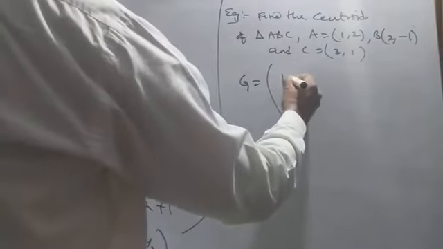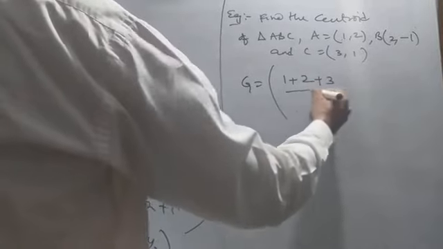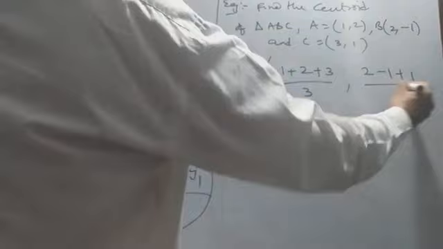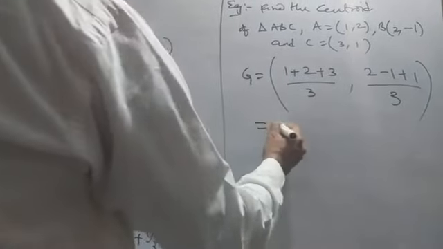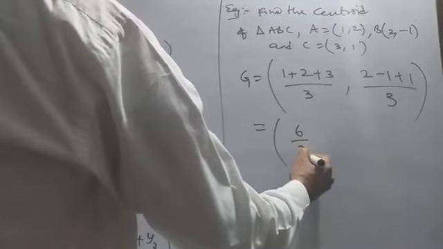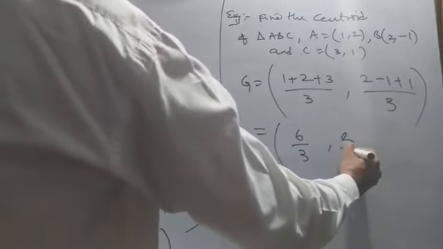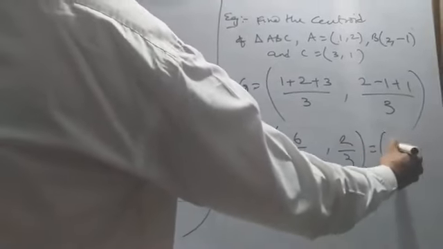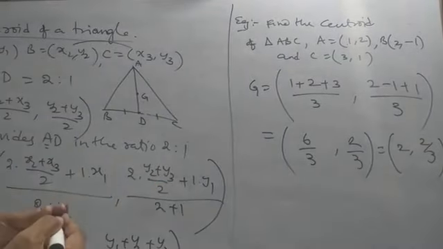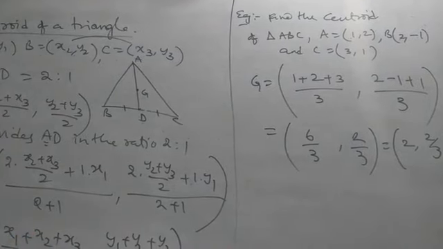So (1 plus 2 plus 3) whole by 3, comma (2 minus 1 plus 1) whole by 3. That is 6 by 3 and 2 by 3. If you simplify, (2, 2 by 3). Hence the centroid of triangle ABC is (2, 2 by 3).